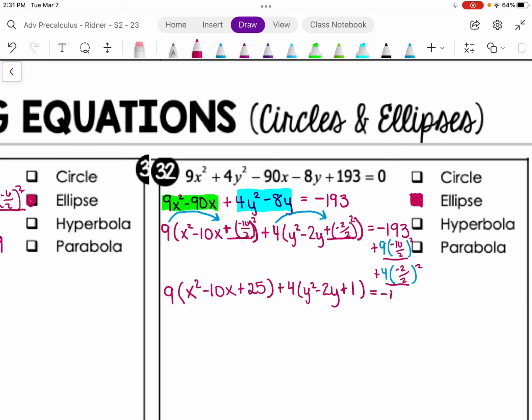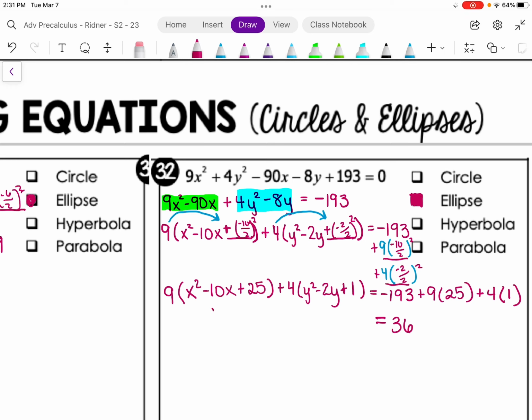And then on this side I have negative 93 plus 9 times 25 plus 4 times 1. Doesn't look like it, but I promise you we're getting there. Okay. We'll do the right hand side first because that's easy. We add that all together to get 36.